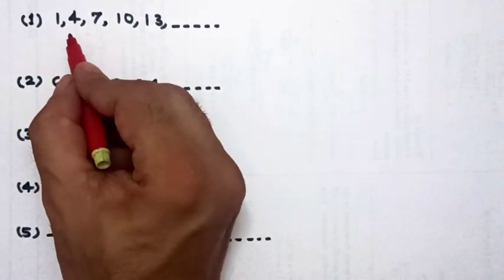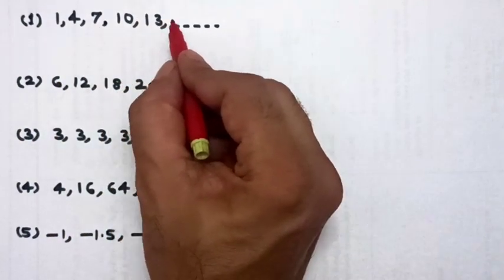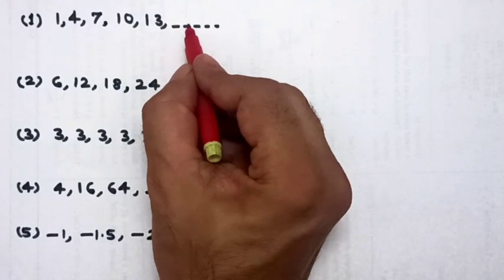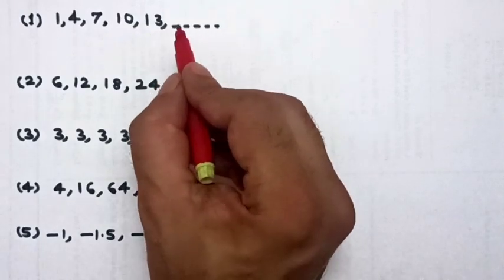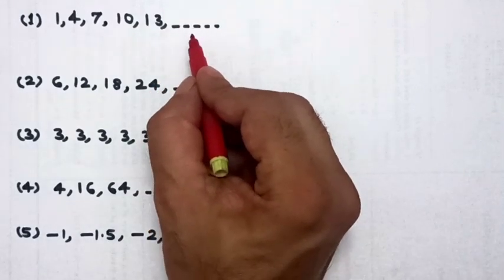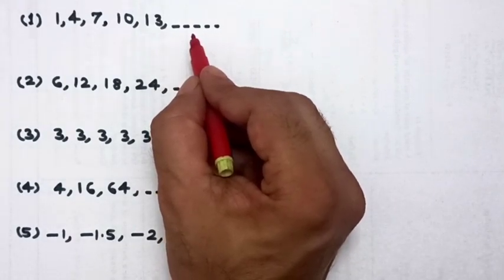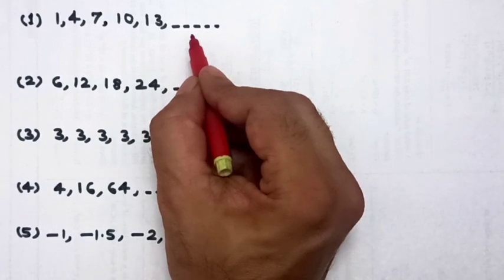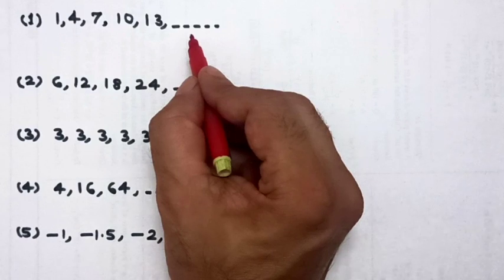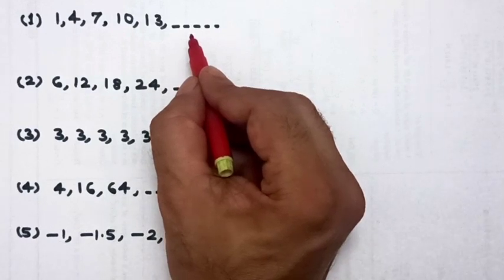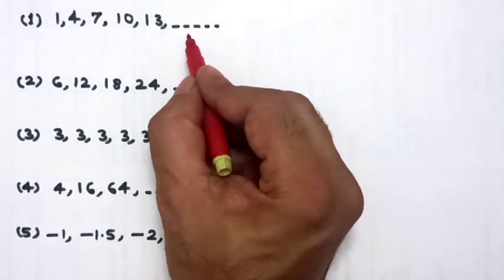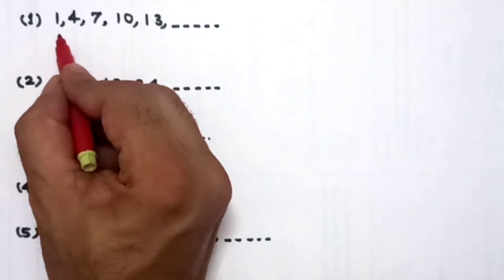So here you can see these numbers are written in a particular order with some rule, and you have to observe that, because in nature also you can find many things which follow a particular pattern. You have to look at the pattern, because observing is very important, and with that you can analyze, you can make a certain rule, and you can find out what will be the next. Now look at this example number 1.